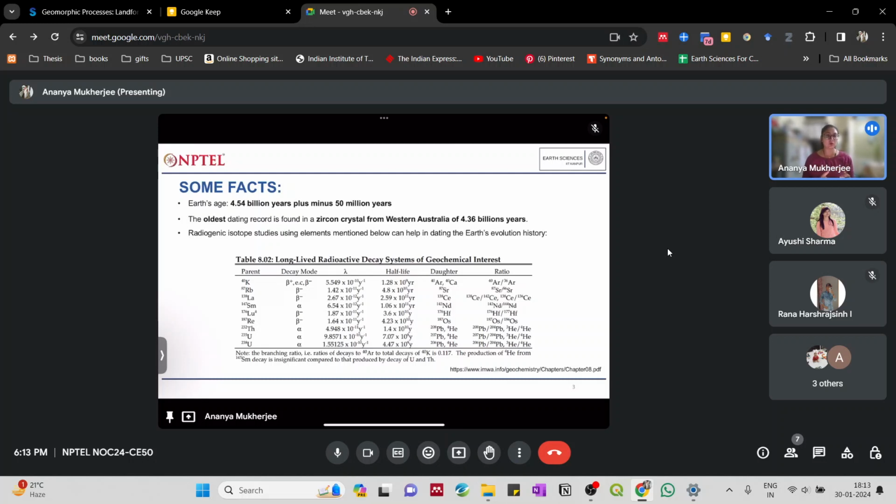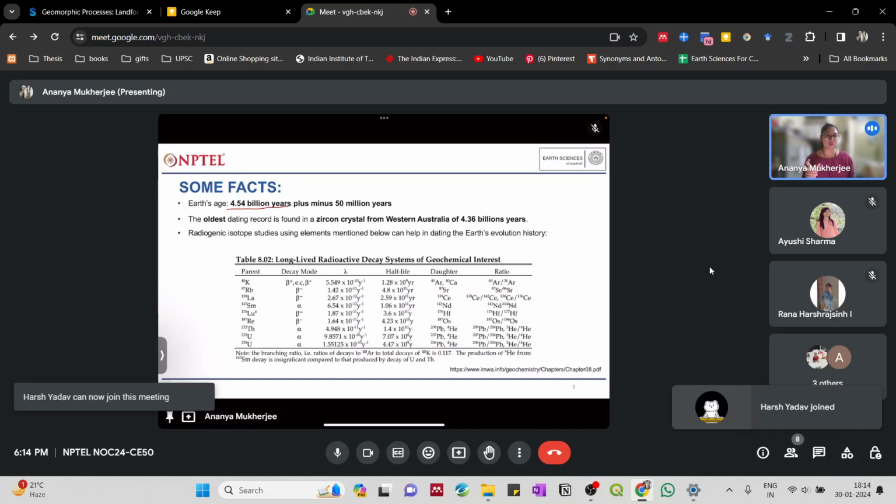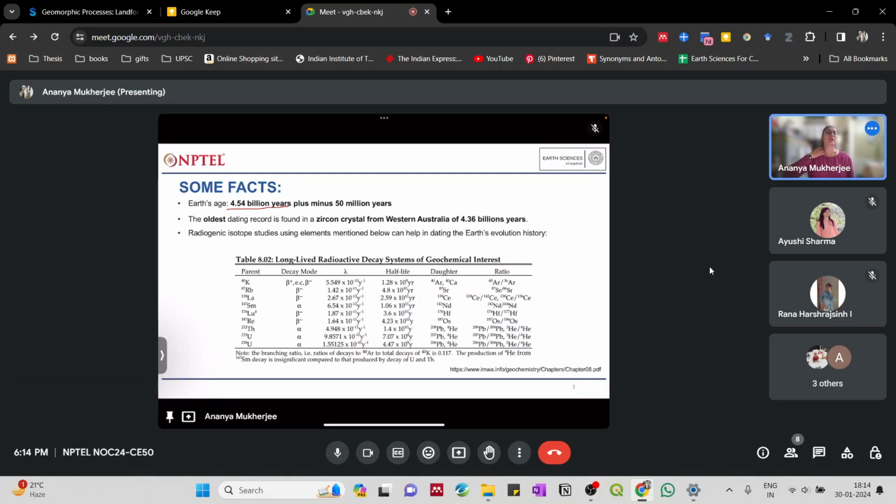Till now, from the dating records and the oldest record obtained, we can say that the Earth is around 4.54 billion years old, plus or minus 50 million years. So we have an error of plus or minus 50 million years. This is the age that we consider for Earth.